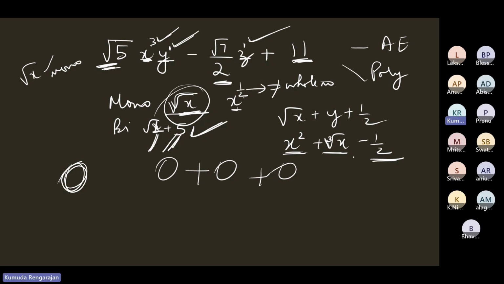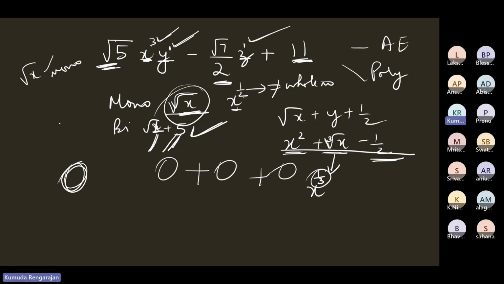Why is it not a trinomial? Because it is not a polynomial. And why is it not a polynomial? Because in the second term, the power of x is 1 by 3, and 1 by 3 is not a whole number. So this expression is not a polynomial, and hence it's not a trinomial. It is an algebraic expression with 3 terms.